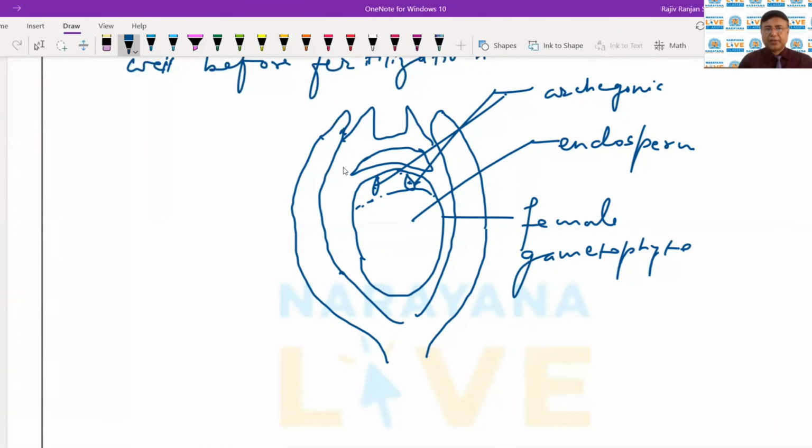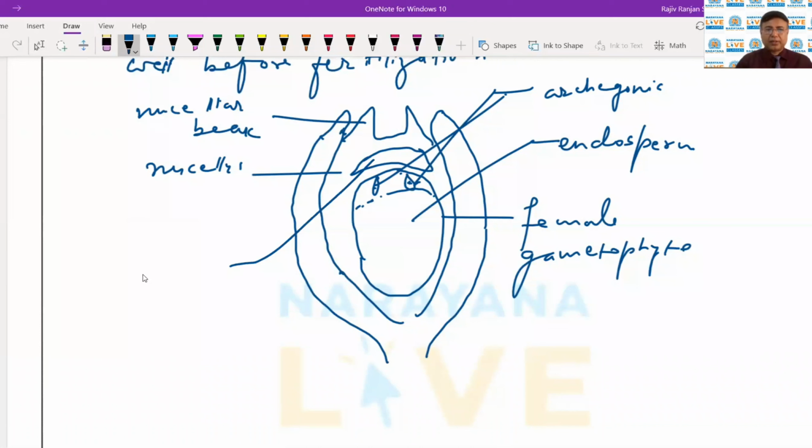It is the nucellus. It is a nucellar beak. And it is the archegonial chamber. It is the antheridial chamber.